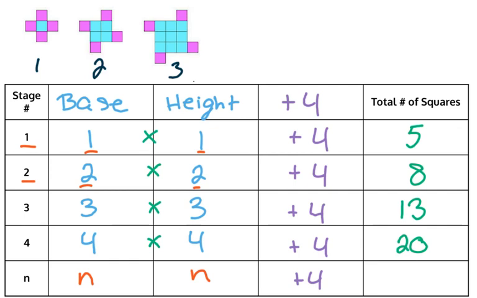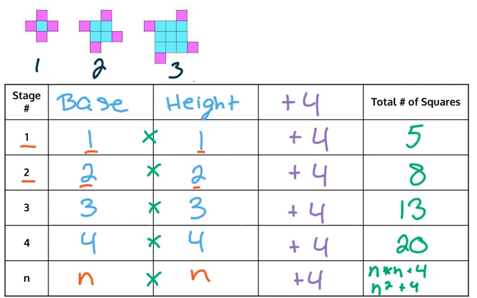And in order to calculate the total number of squares, we're going to do n times n and then add 4. So we can simplify that. We said n times n plus 4, and we can simplify that and actually write n squared plus 4.